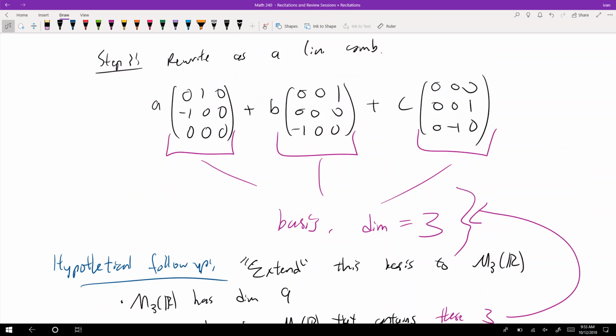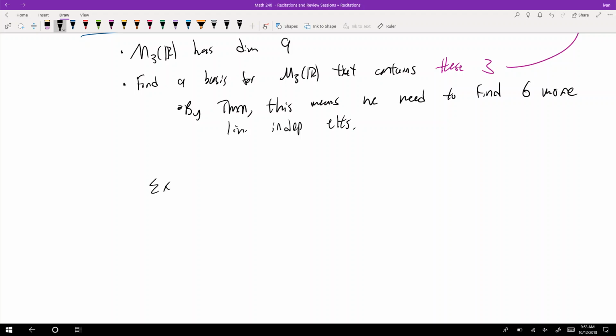And then what are the 6? I'll just give you 6 examples. So these 6 are valid. You can have 1 on the diagonal. Here's 3 of them. Because remember, I had zeros on the diagonal initially, and in M3R you can't have zeros on the diagonal of every matrix. That's not every 3x3 matrix.